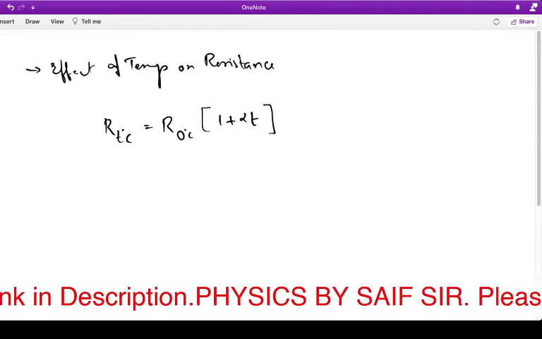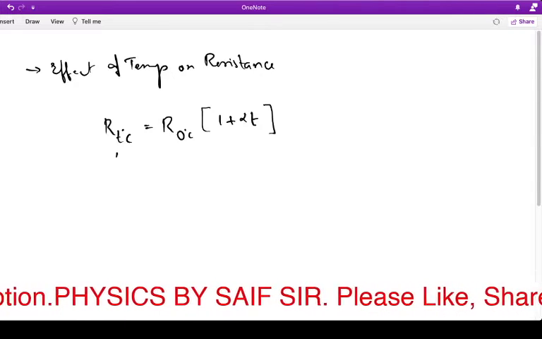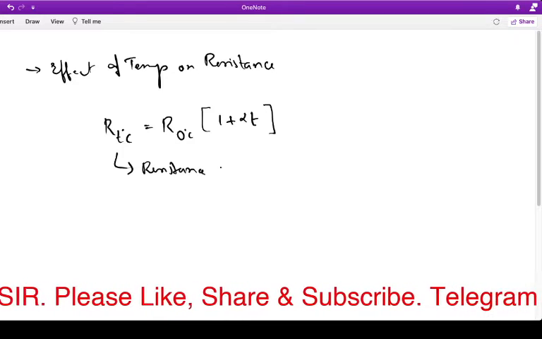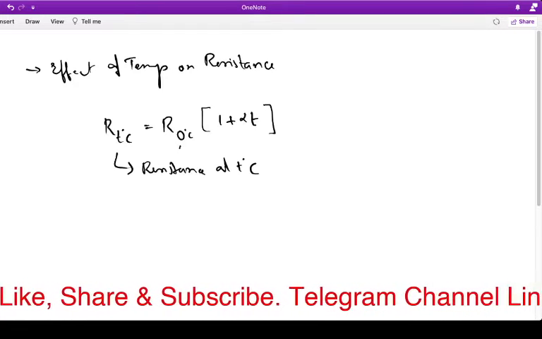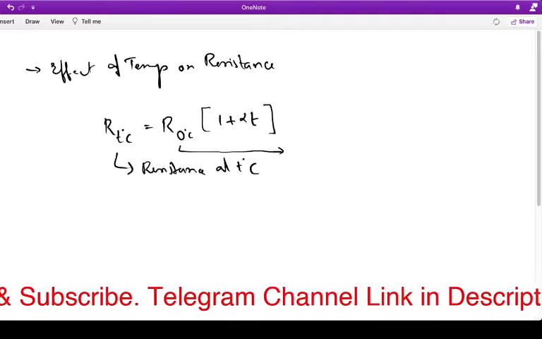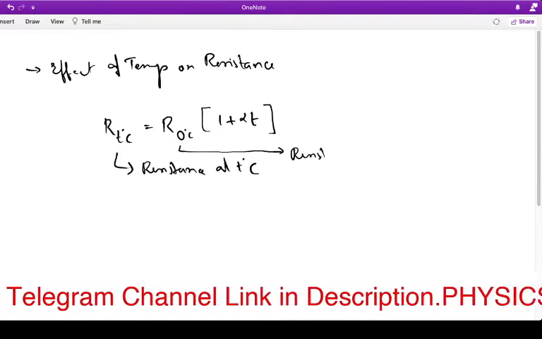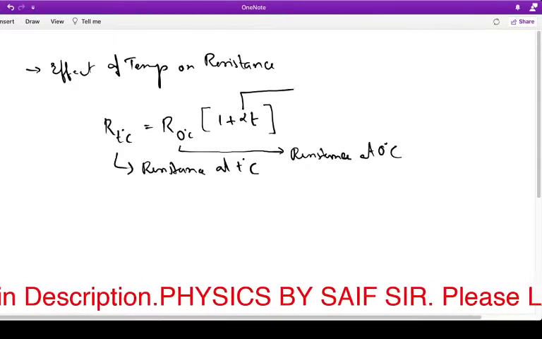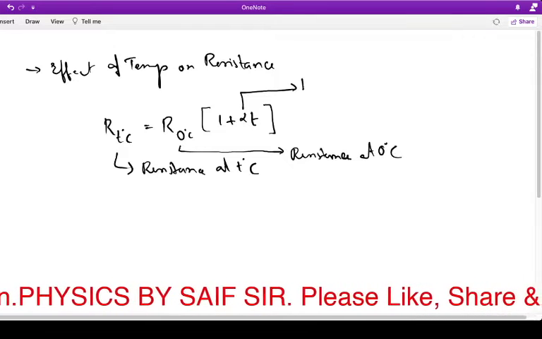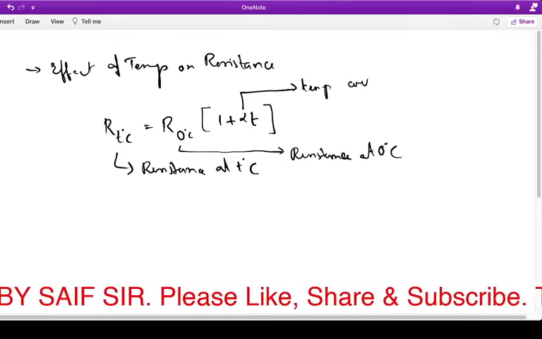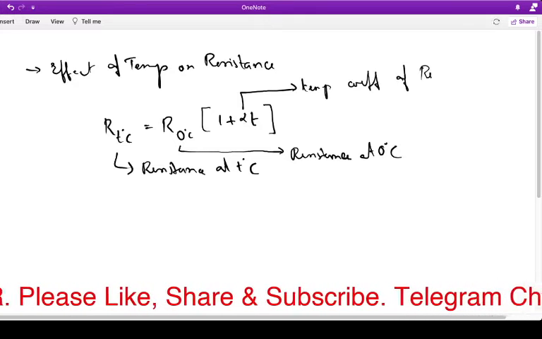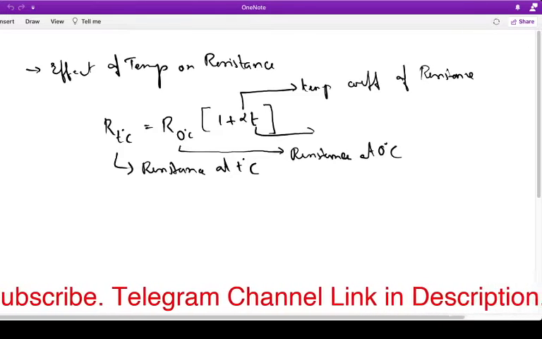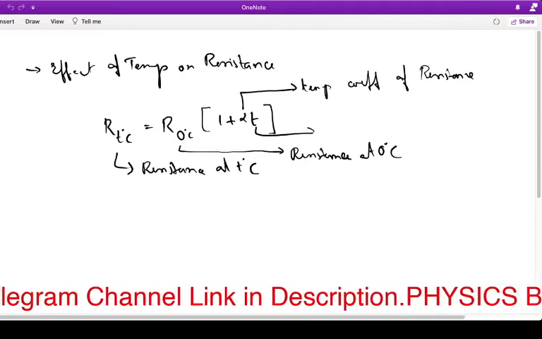Here R_T is the resistance at T degree centigrade, and R_0 is the resistance at 0 degree centigrade, and alpha is the temperature coefficient of resistance, and T here is the temperature difference, when the initial temperature is 0.